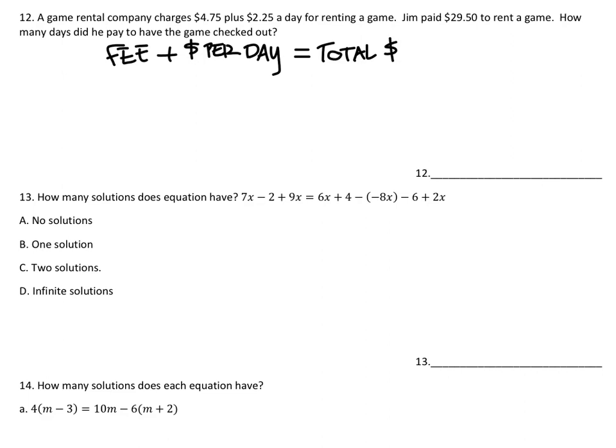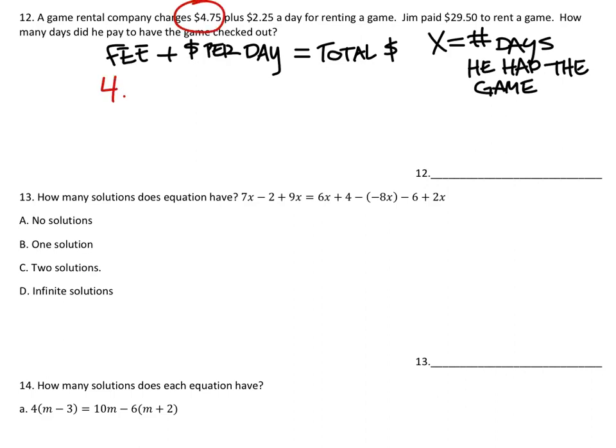And we will define our variable in this case, which would be x. How many days did he have the game checked out? So that's going to be the number of days he had the game. And let's start filling in these values. There was some kind of initial charge, which is the fee, at $4.75.